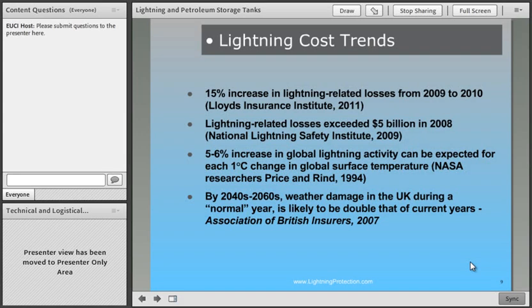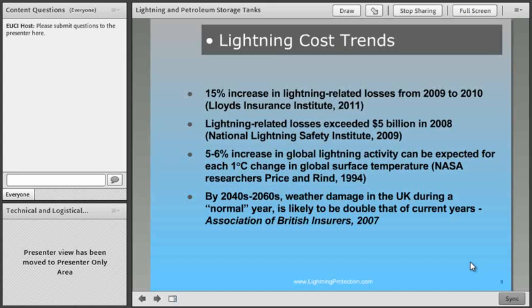Here are some additional statistics on lightning costs. Lloyd's of London says that there has been a 15% increase in lightning-related losses from 2009 to 2010. And according to the National Lightning Safety Institute, lightning-related losses exceeded $5 billion in 2008.